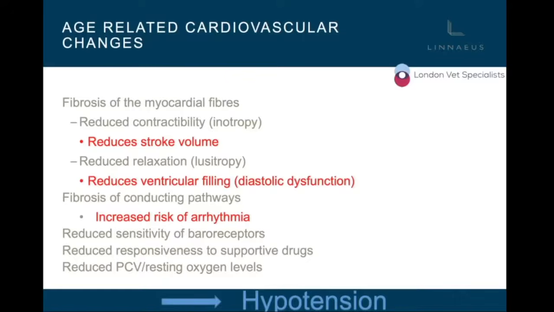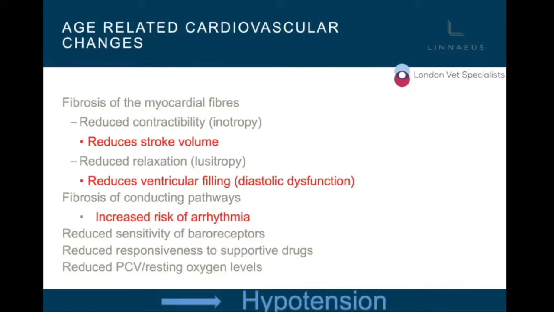Moving away from the heart, we said that we wanted a dynamic vasculature that's able to instantly compensate for changes in stroke volume. But actually, older animals have a reduced sensitivity in their baroreceptors, so they're less able to fine-tune their vascular tone and maintain a steady blood pressure.